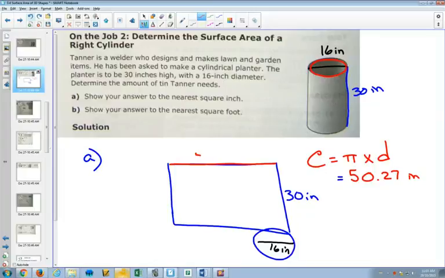So now I could write that in right here, 50.27 inches. Now I can find the area of that rectangle, because that rectangle is going to be 30 times 50.27, and it's going to be 1,508.1 inches squared. That's just the rectangle.